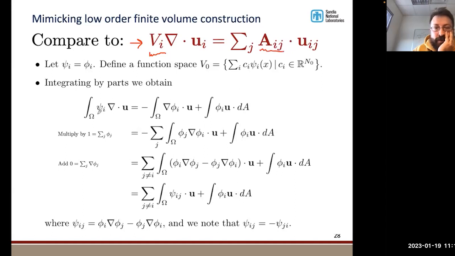So what we did was we integrated the POU against div u and integrated by parts. And then it turns out that you can massage, these are just properties of partitions of unity, right? You can multiply this expression right here by 1, and apply the identity, the one's equal to the sum of the POUs. You can add 0 to it.